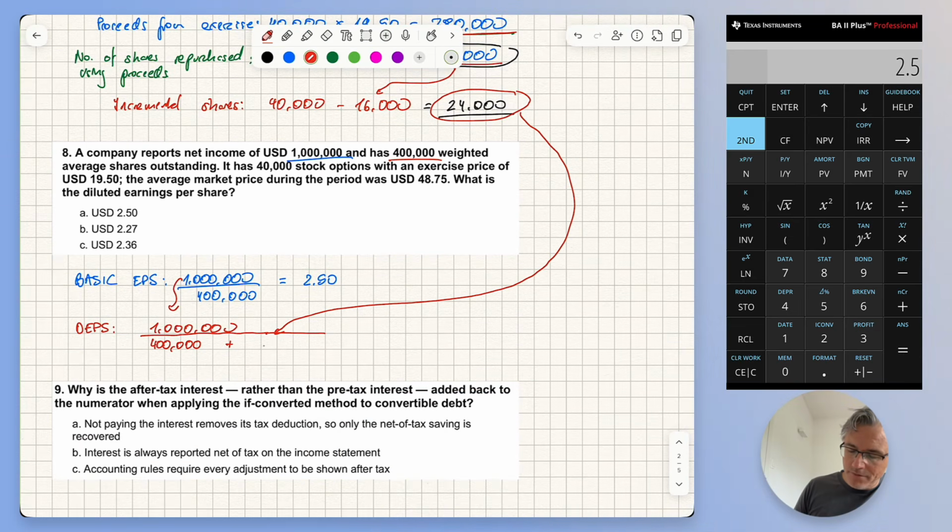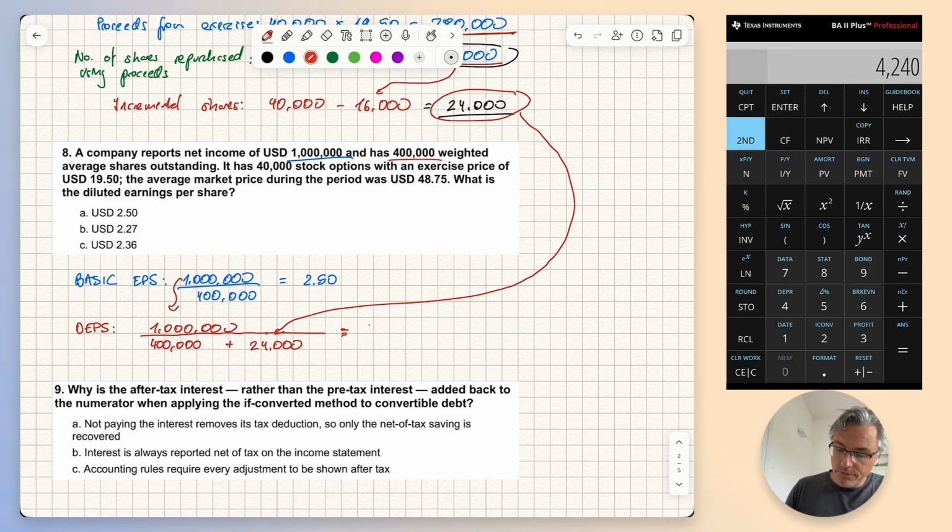I'm using that number, not computing it again, because obviously the data is the same across the two questions. So effectively, we've got 1 million divided by 424,000, and we have 2.36 when we round the answer to two decimal places.